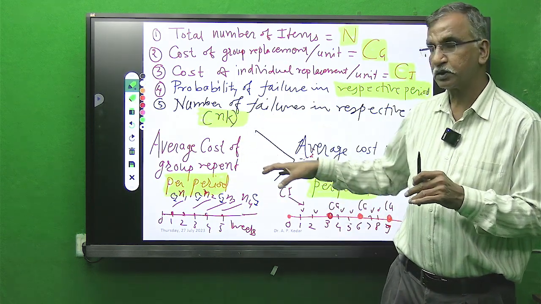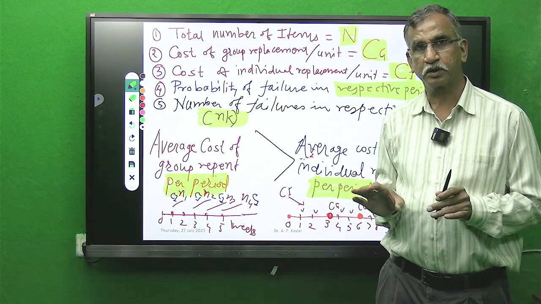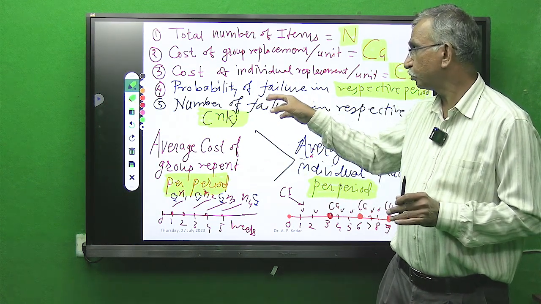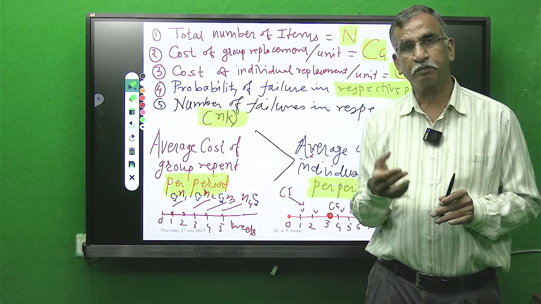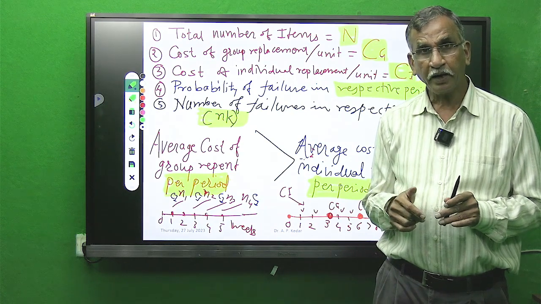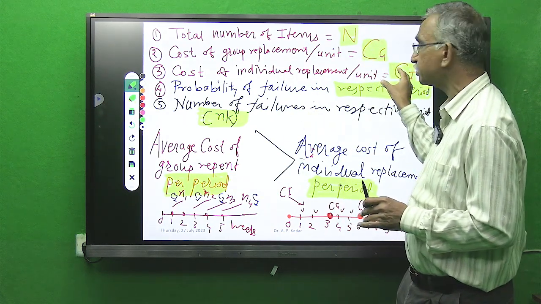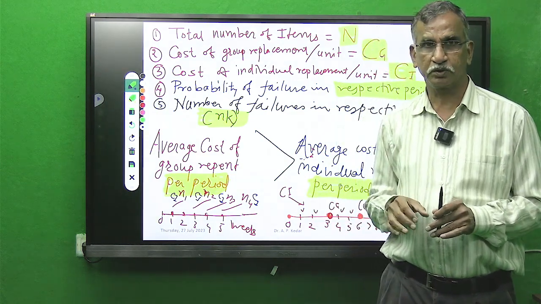In today's lecture, we have seen the exhaustive analytical procedure: how to calculate the number of failures, how to compare the costs, and after comparing the costs, what decision is to be taken, and which cost, whether CG or CI, is to be quoted for which period.